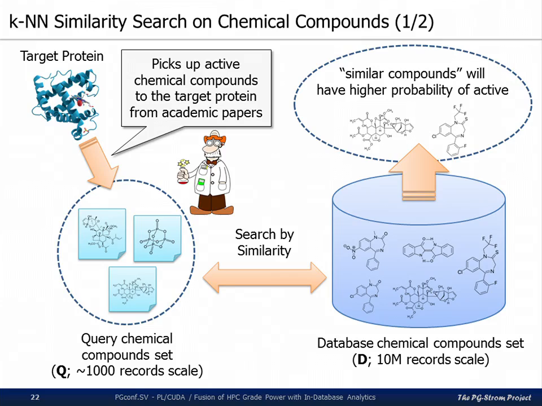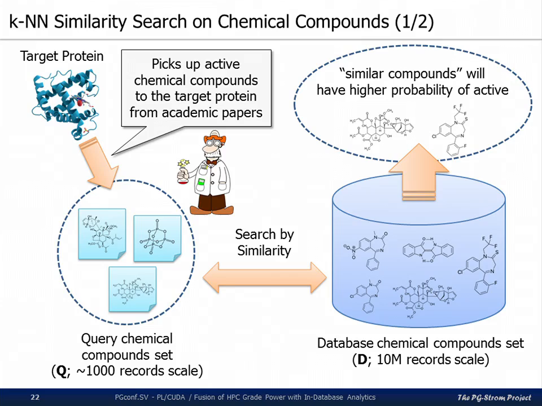investigation of a chemical compound's characteristics is expensive. So we'd like to pick up chemical compounds with a higher probability than others. One approach is to pick up chemical compounds similar to known chemical compounds.